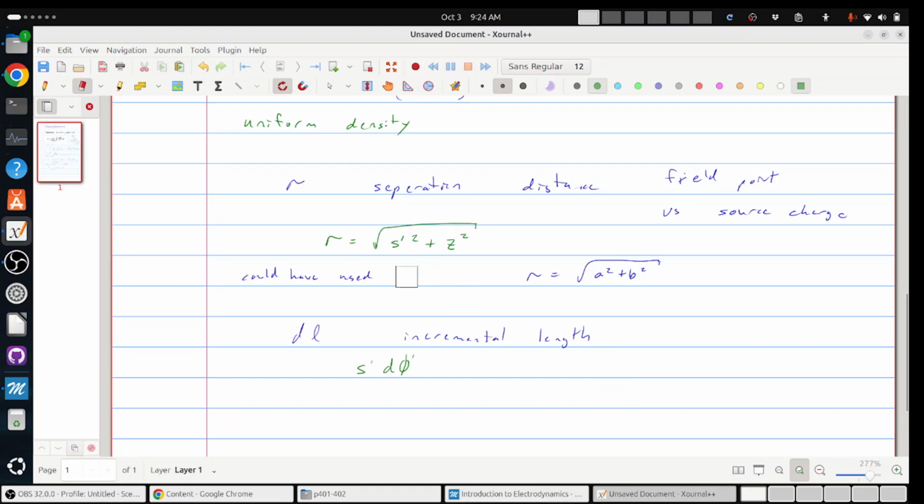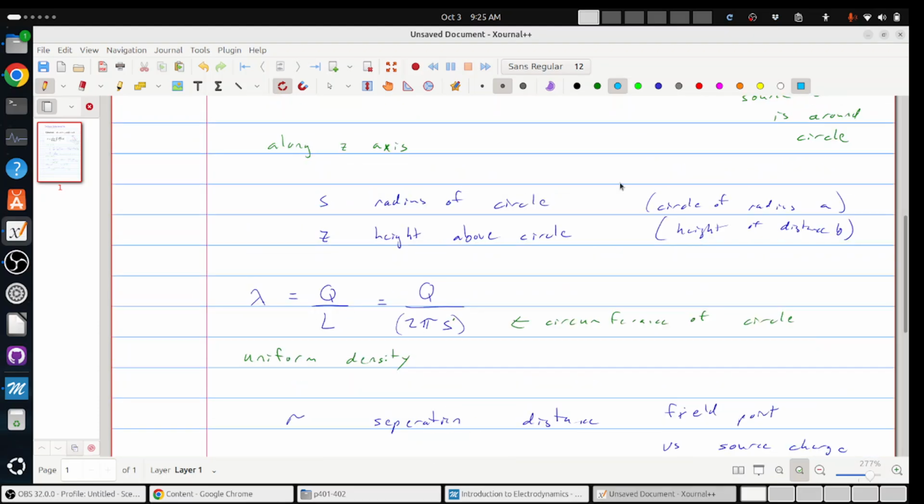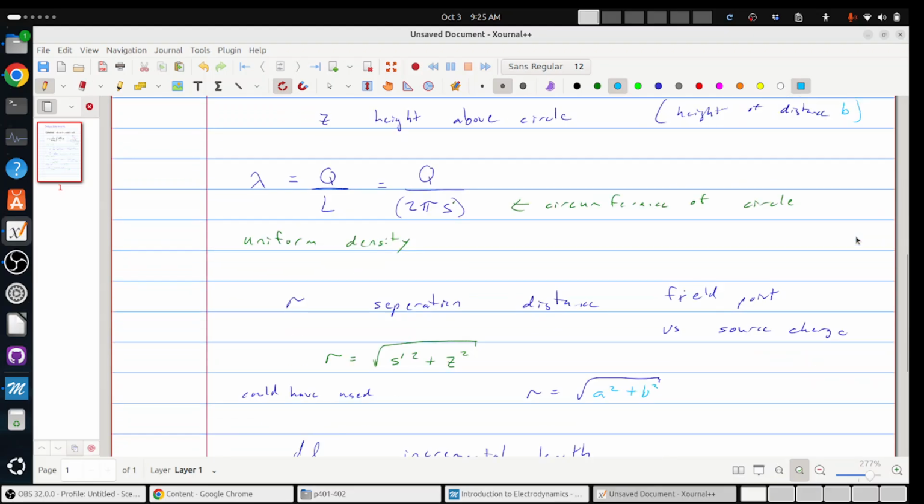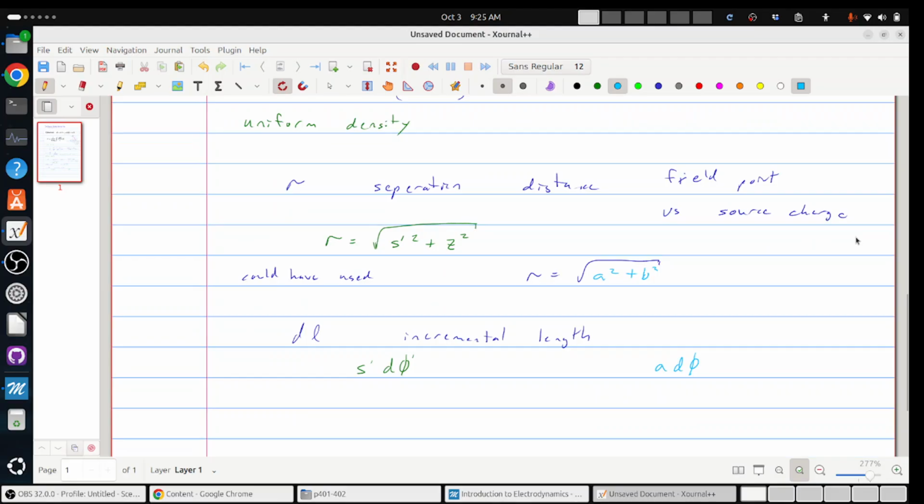I'm just going to change a few of my colors here just to make it clear when I'm using the other variables. So now I can put this all together.